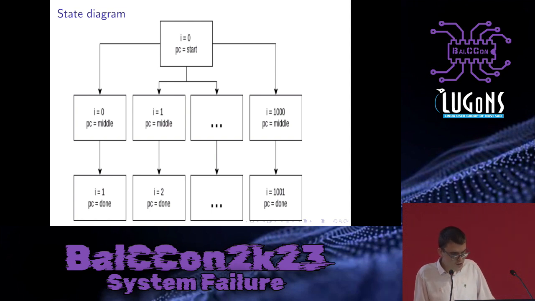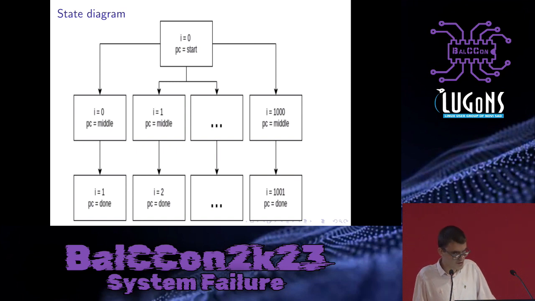So in the first state, our integer I is equal to 0 and the program counter is start. And then what are the possible next states? Well, possible next states can be I equal to 0, I equal to 1, and so on until we reach I equal to 1000, and PC in every next state is equal to middle.